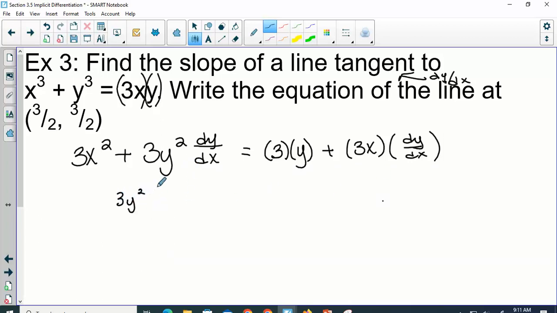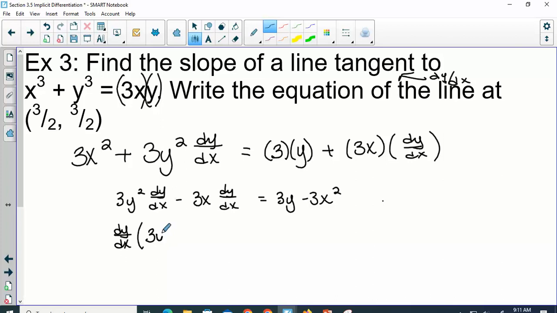So 3y squared dy/dx, I'm going to subtract over the 3x, dy/dx equals 3y minus 3x squared.